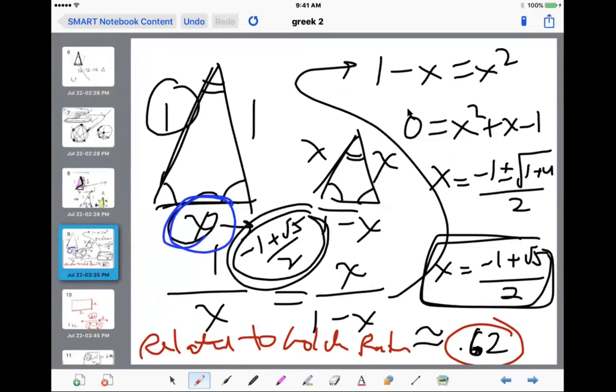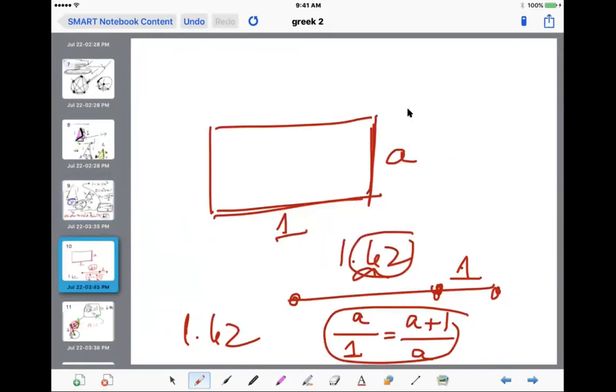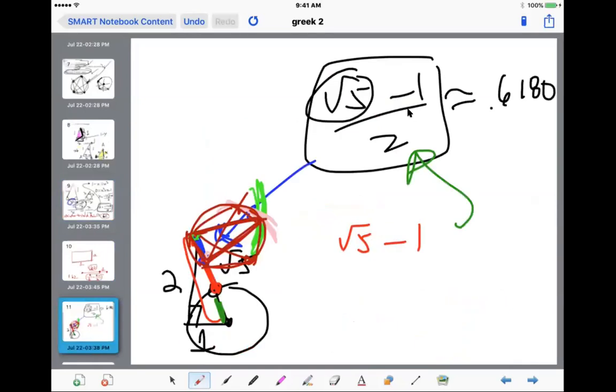And those measurements would enable us, with some ingenuity, to actually draw a regular pentagon.